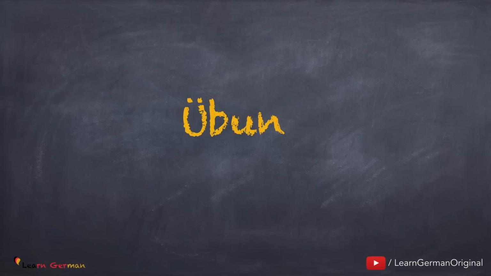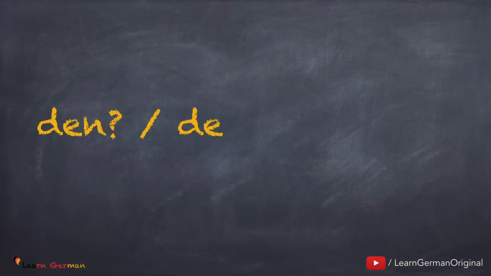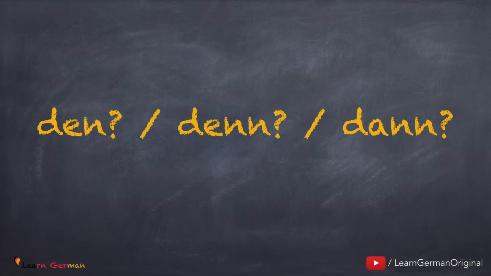Wonderful! Now let's start with the exercise. Übung. You have to fill in the blanks with den, denn, or dann. Just remember, den is used as an accusative article, whereas denn is used either as a conjunction or as a modal particle.